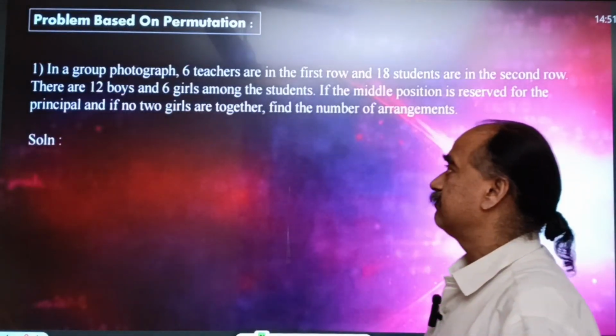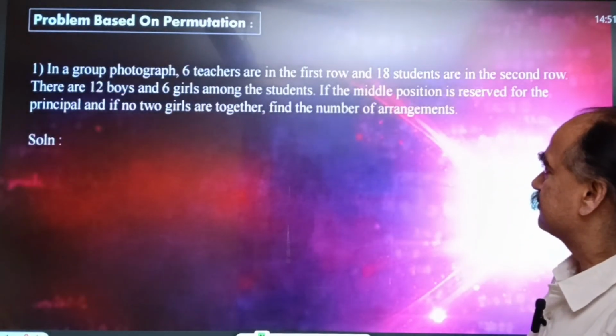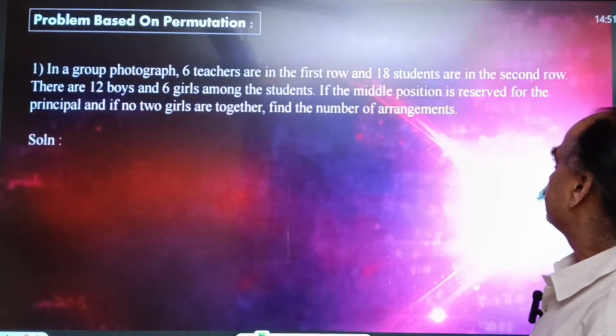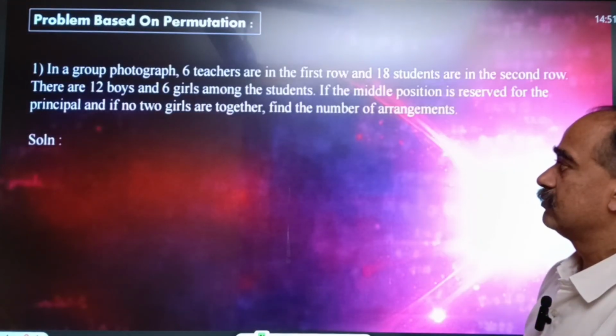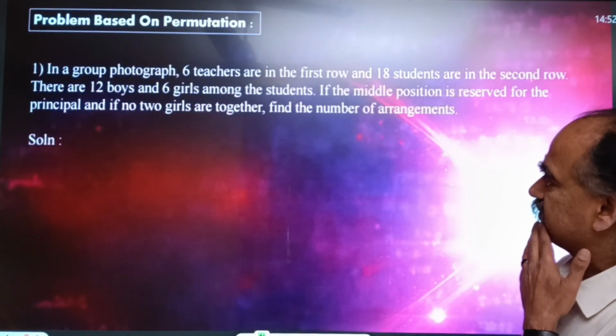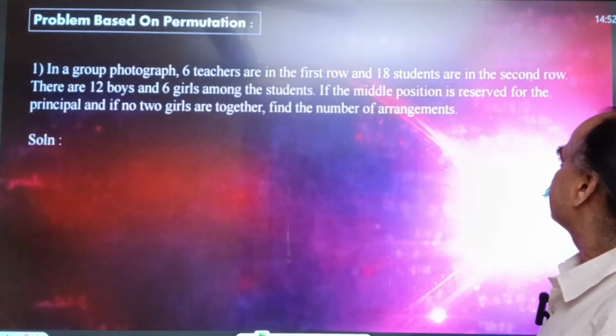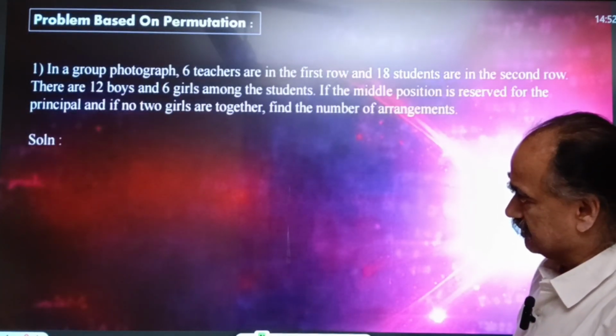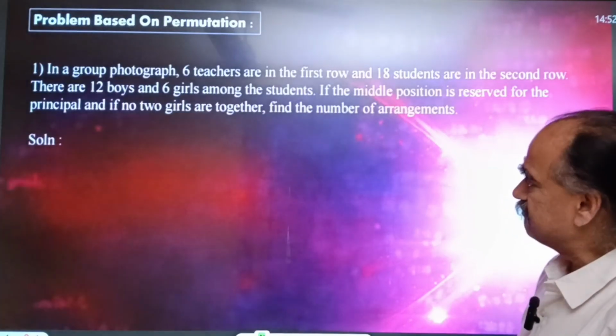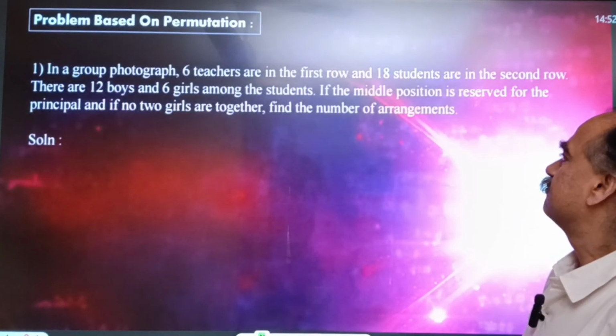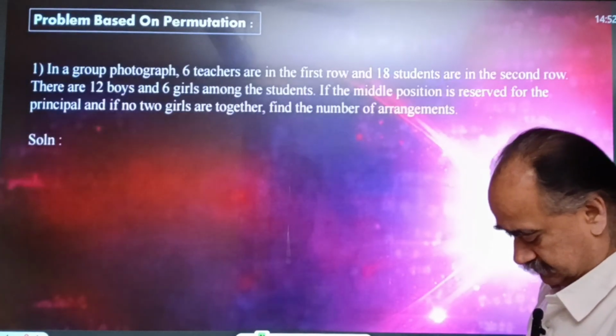In a group photograph, 6 teachers are in the first row, 18 students are in the second row. There are 12 boys and 6 girls among the students. If the middle portion is reserved for the principal and if no two girls are together, find the number of arrangements.